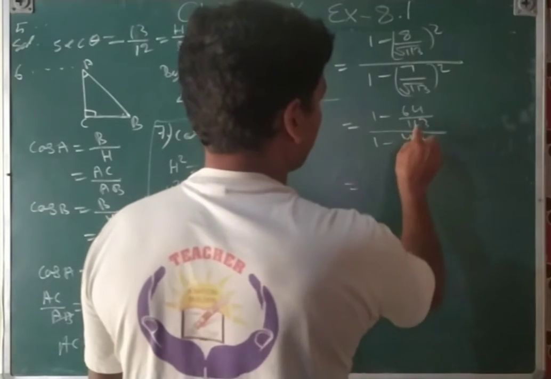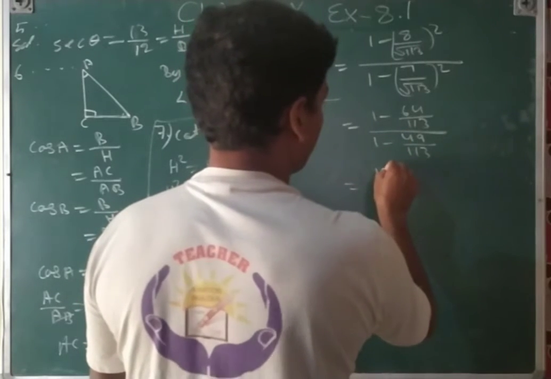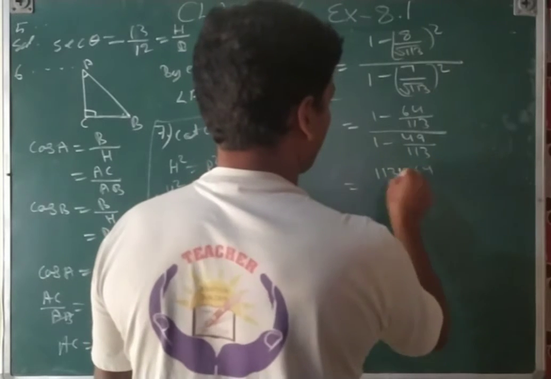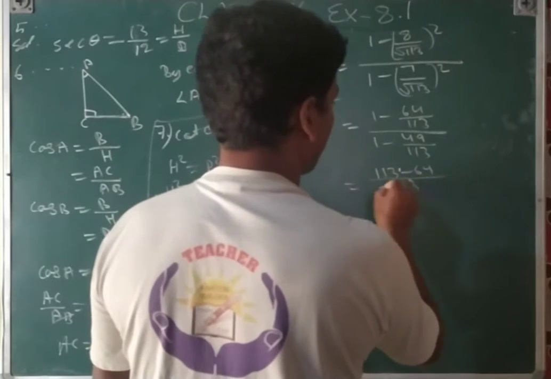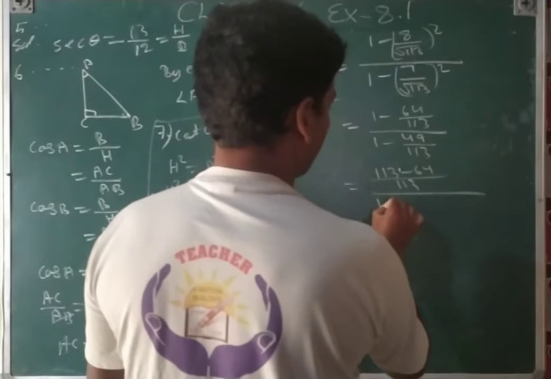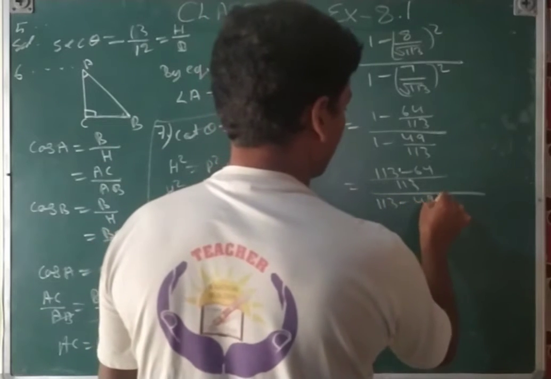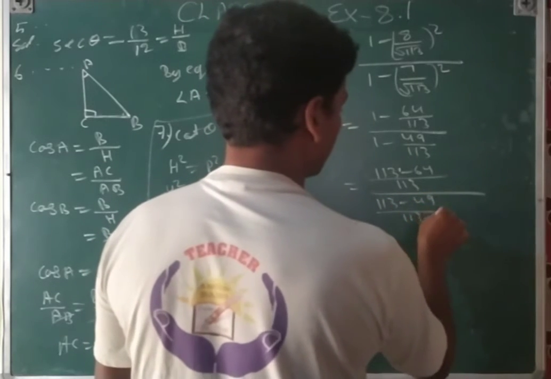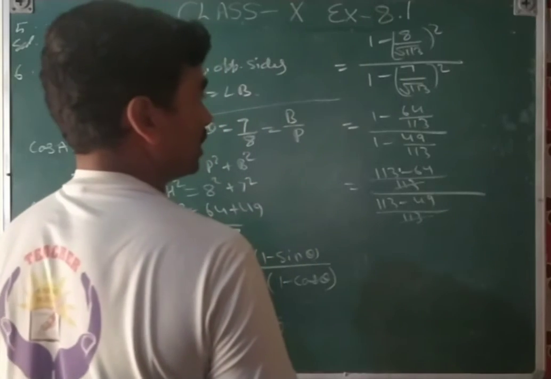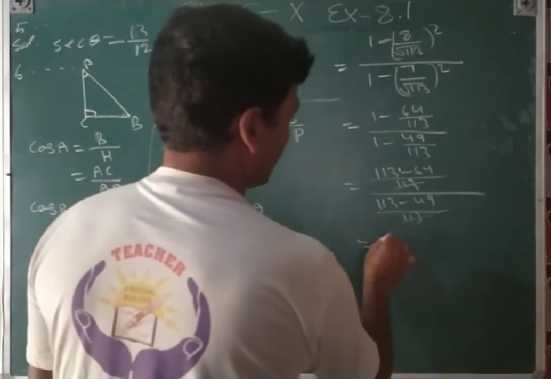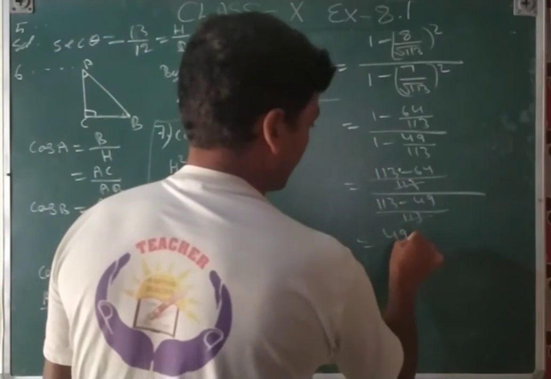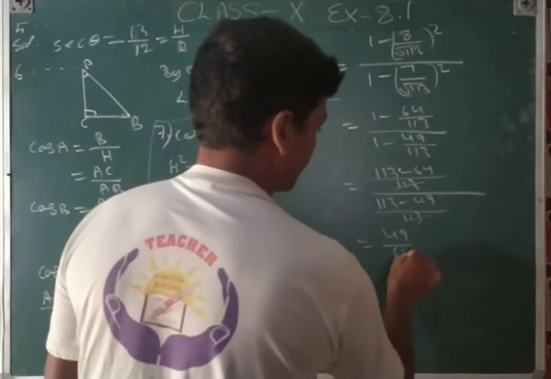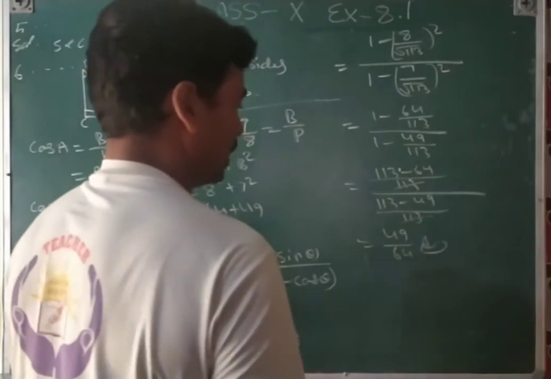Taking the LCM, that would be 113 minus 64 upon 113, and then 113 minus 49 upon 113. So 113 is cancelled by 113, and then this will be 49 and this subtraction will be 64. This is the answer.